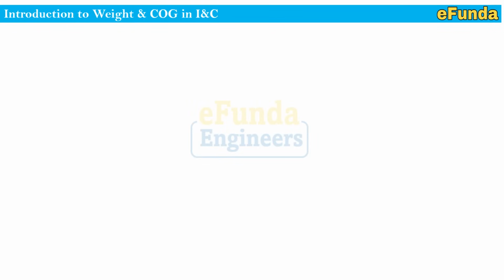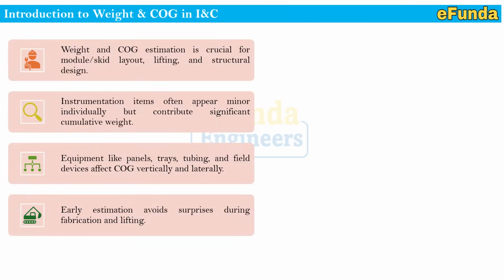Introduction to weight and COG in instrumentation and control. One can refer to the below table where we can see the various elements. First, weight and COG estimation is crucial for module skid layout, lifting and structural design.